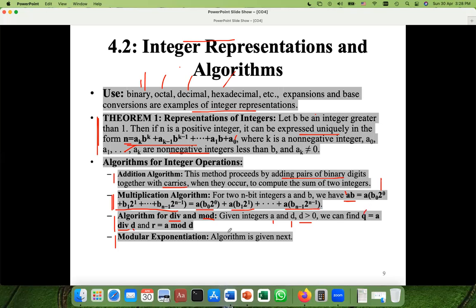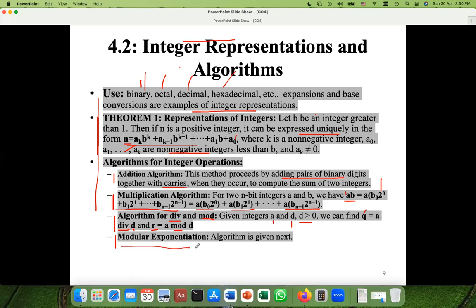And A mod D, when you divide A by D, gives the remainder R. This is called mod. These are just the basic fundamental concepts that you already know about integers and the different number systems which exist.